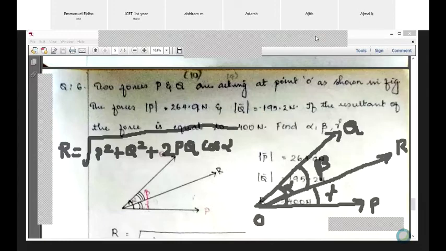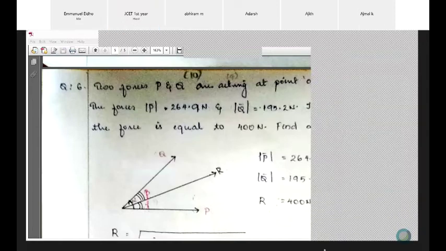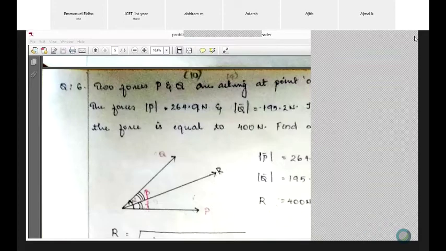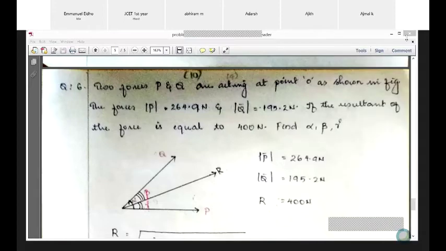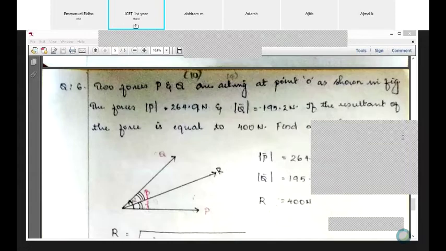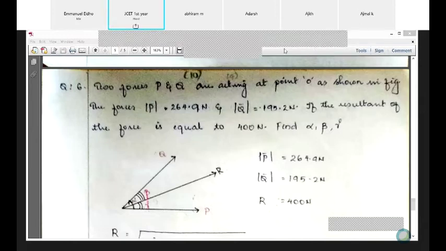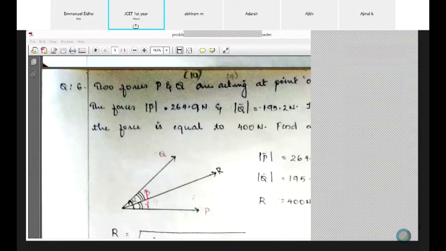You answer. Alpha is equal to how much? Alpha is equal to 60 degree. That is the correct answer. Alpha is equal to 60 degree. What about others? Have we got the same answer? Sumesh, it's correct. It is 59.98.